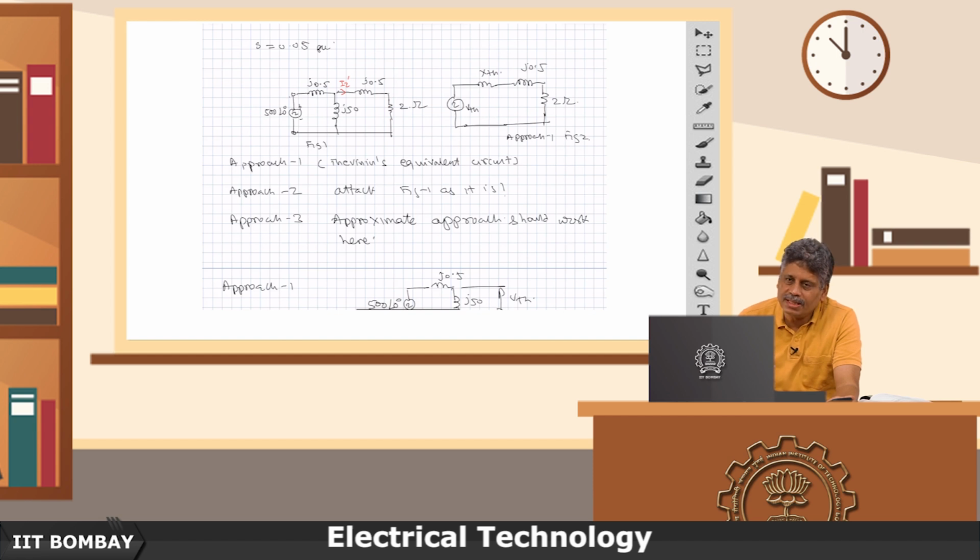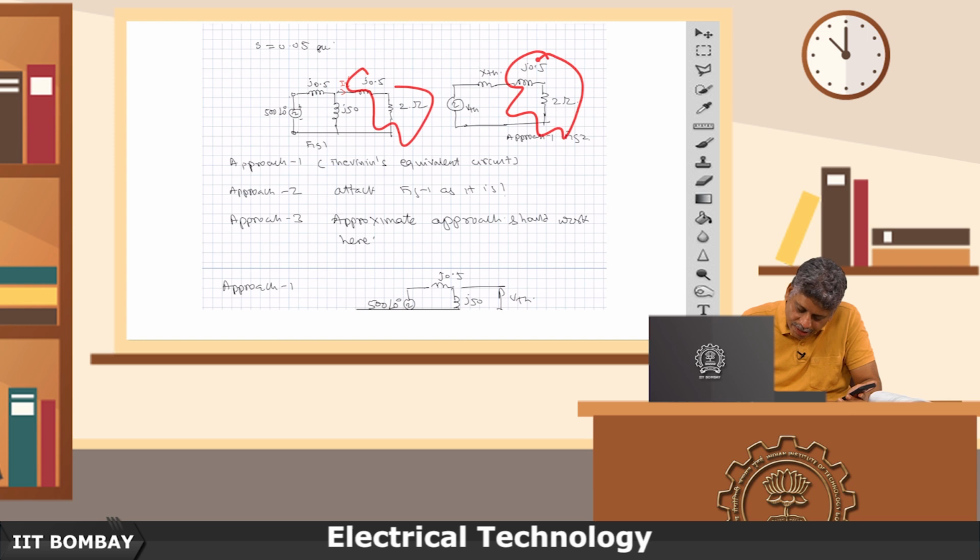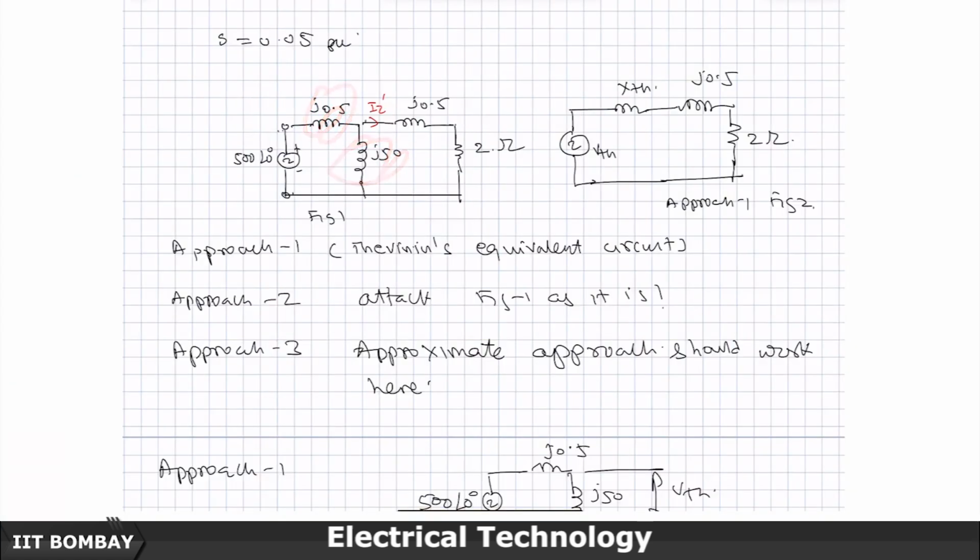The only place where it does not work is the reactive input power, which is not just what is being consumed here. I can calculate whatever is being consumed here, but in addition there is something consumed here and something consumed here.